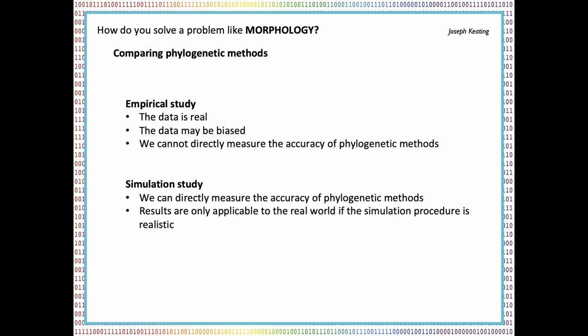In contrast, the simulation approach allows us to define a true tree, against which we can measure accuracy directly. The downside of the simulation approach is that the results are only applicable to the real world if the simulations are realistic. For example, if I were a traffic planner trying to decide the cheapest and most efficient type of junction to build, I could simulate traffic flow over different junction types based on 1,000 cars passing every hour.